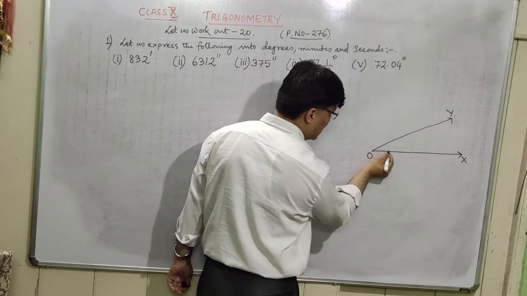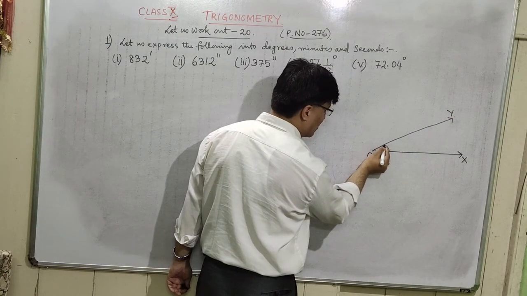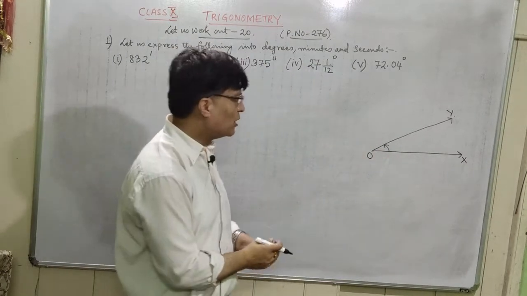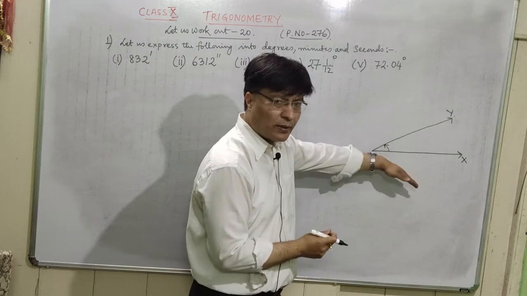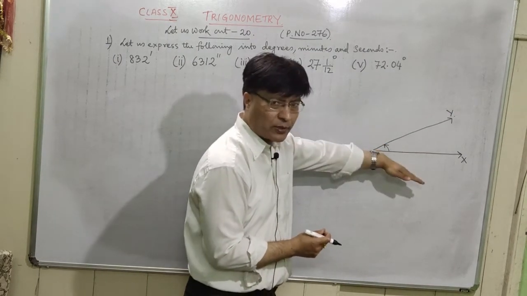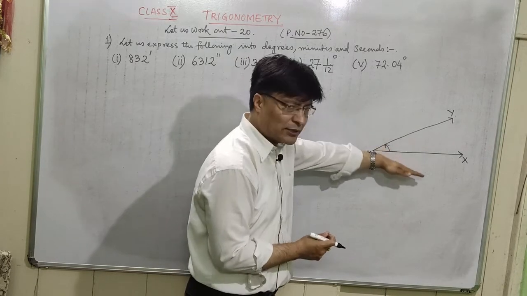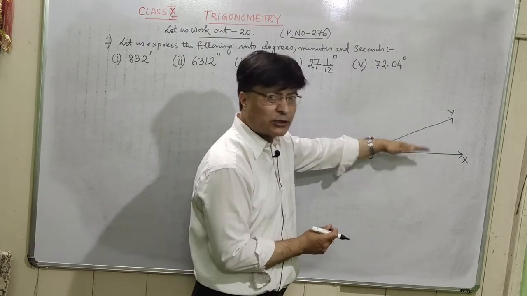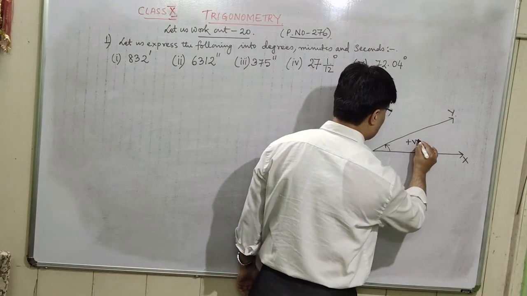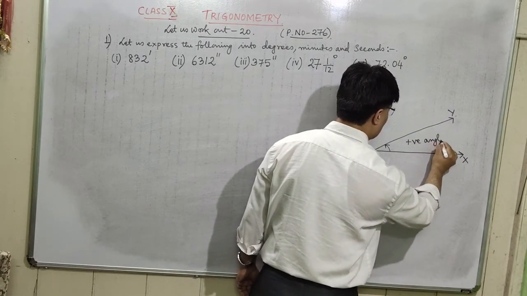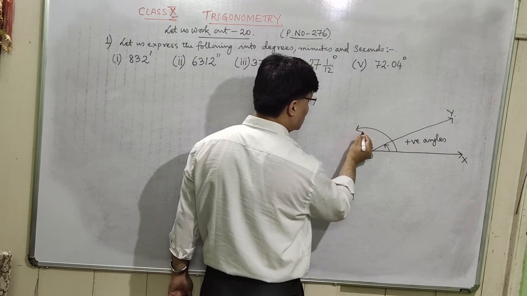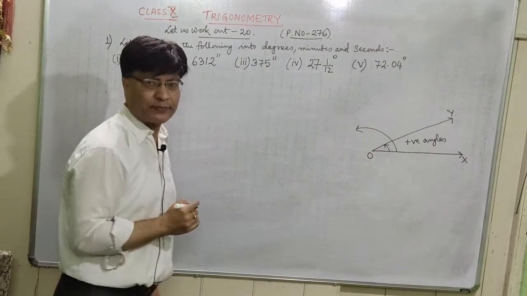Okay, but it is revolving in anti-clockwise direction. This is anti-clockwise direction, meaning it rotated opposite to the clock, right? If it rotates like this, it is rotating opposite to the clock. If it rotates opposite to the clock, it is called anti-clockwise direction. This is known as positive angles. Positive angles. Understood? So if it rotates like this, it is called positive direction. Understood?